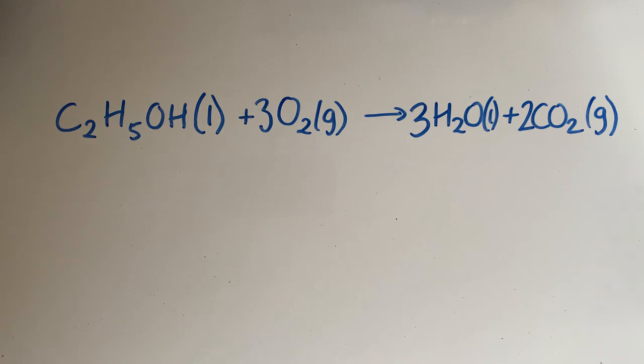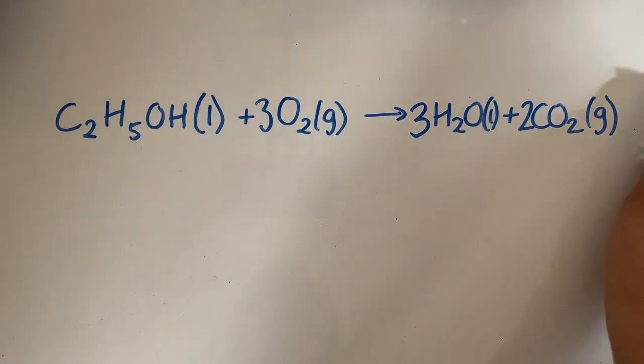We're still forming water and carbon dioxide like we would with a hydrocarbon. We can also do the incomplete combustion if we wanted to, and that would be where we form carbon monoxide and water. Okay, so that's fairly straightforward. They just do the same thing that the hydrocarbons do.